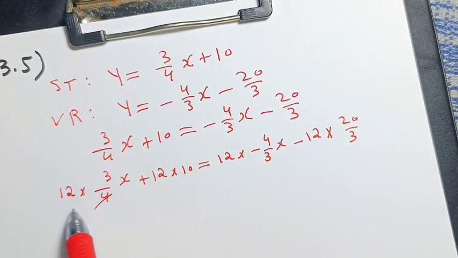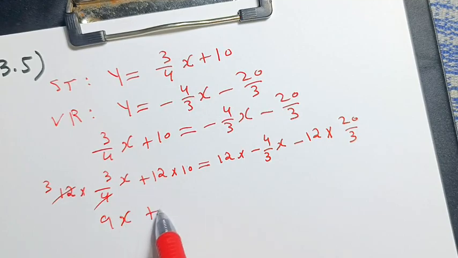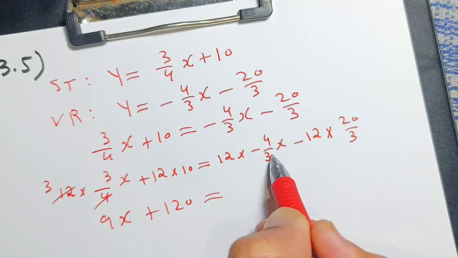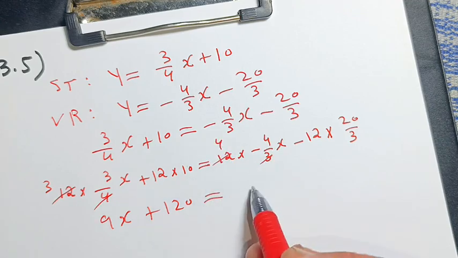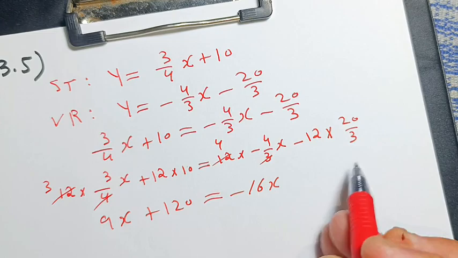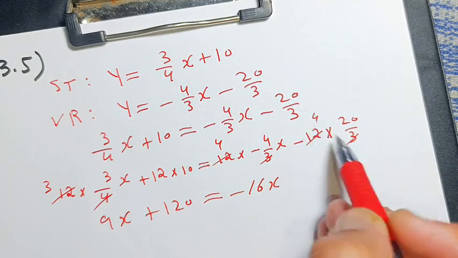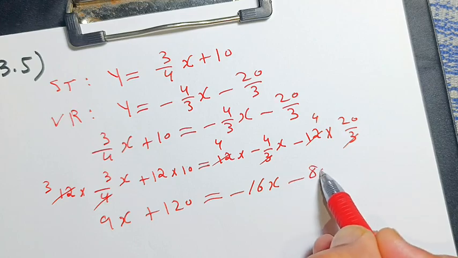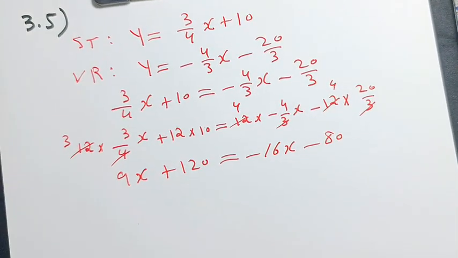Now obviously this is going to cancel. 3 times 3 is 9x plus 120 is equal to, cancelling out, a negative 16x. This 4 is going to be a negative 80. So this is now flat.